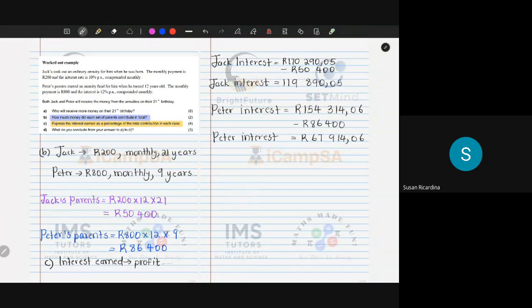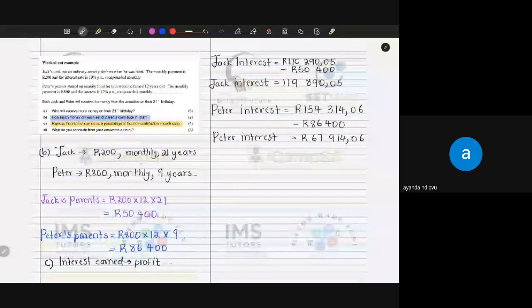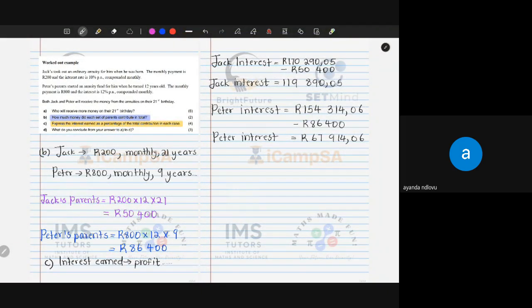Yep, you can go ahead. I see a hand from Ayanda. You're going to take your interest. So for Jack, you'd say 119,890.05, and then you'll divide it by the 170,290.05 and times that by 100 to get your percentage. Yep, on point. So that is what we need to do. We have the actual interest, but we want it as a percentage of the total contribution. So we are going to do exactly that.